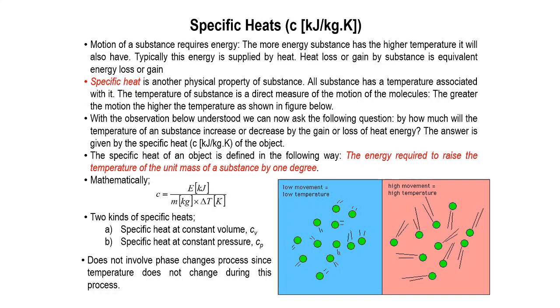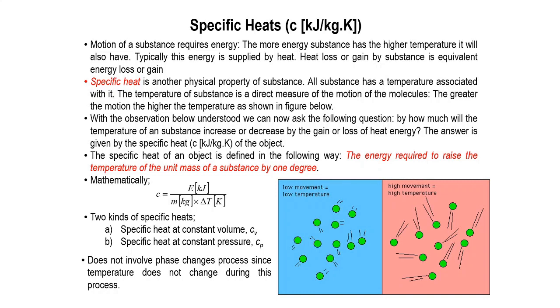Typically this energy is supplied by heat. Maybe you can find other forms of energy, but in this example we introduce heat. From that heat, energy is increasing. Either heat loss or gain by a substance is equivalent to energy loss or gain.